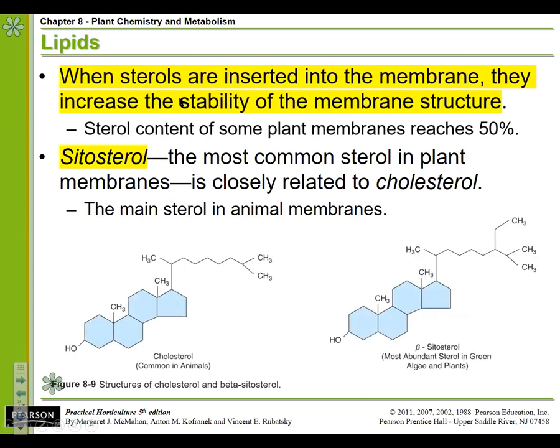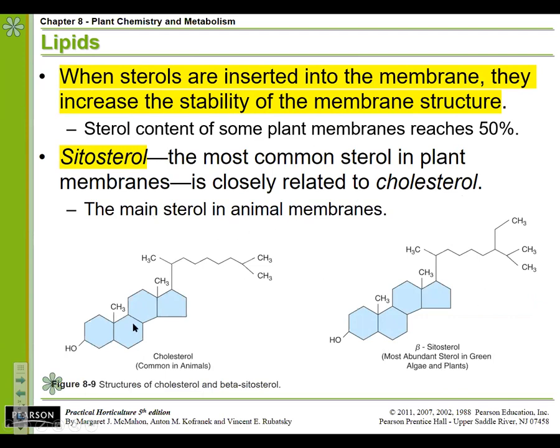So sterol, another lipid, when it is inserted into the membrane, increases the stability of that membrane structure. And the sterol content of some plant membranes can reach up to 50%. So we have sitosterol, which is the most common sterol in plant membranes and is closely related to cholesterol, the main sterol in animal membranes.